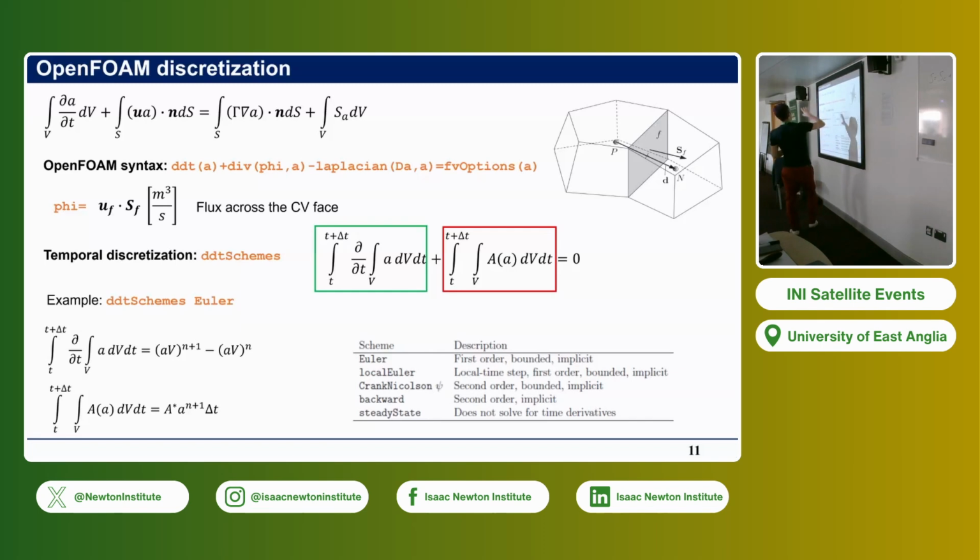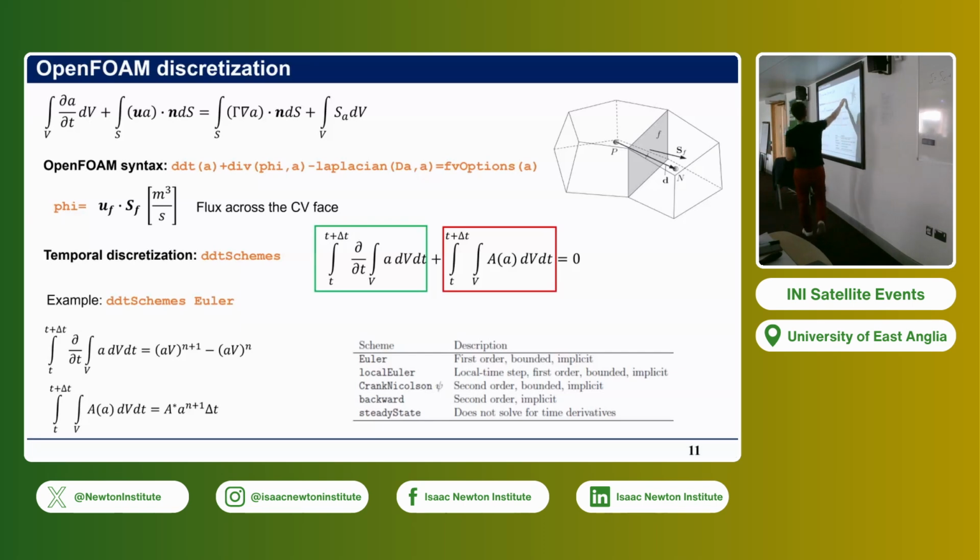So when you take a solver of OpenFOAM, if you add a new line and simply include this, providing boundary conditions and initial conditions for A, you have a new solver that solves a new equation, as I will show you.